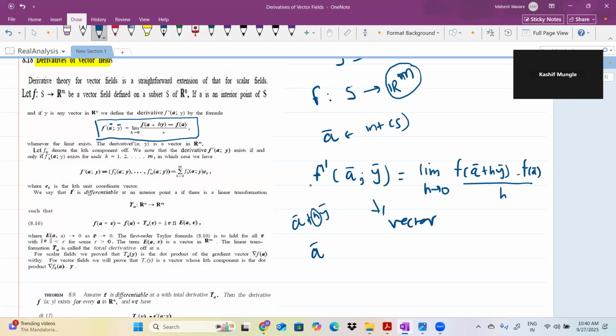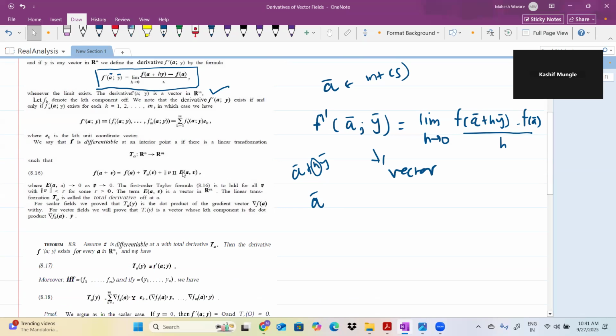So keep that in mind. Otherwise, while writing, I will put a bar on the vector. So the derivative of f is a vector in Rm. This is an important statement. The derivative of f, f dash of a bar semicolon y, that is f dash in the direction y, is a vector, and that vector is from the codomain, and the codomain is Rm.